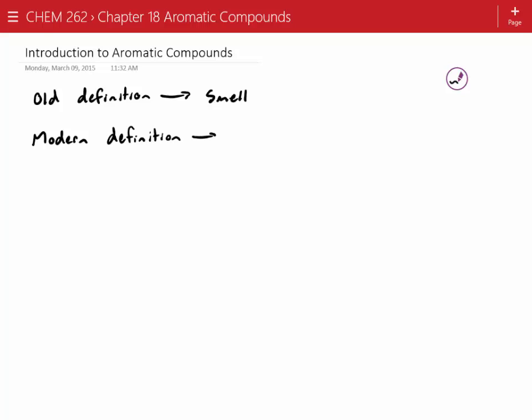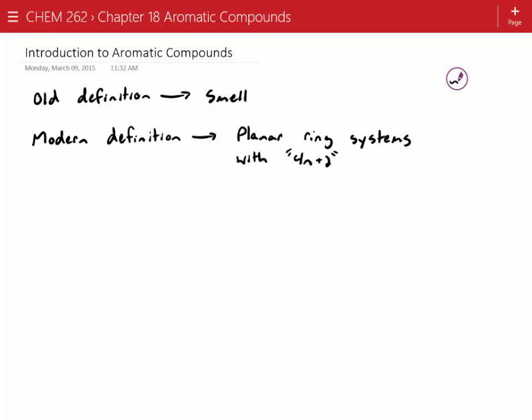The modern definition says that aromatic compounds are planar ring systems with "4n plus 2" pi electrons that are delocalized.